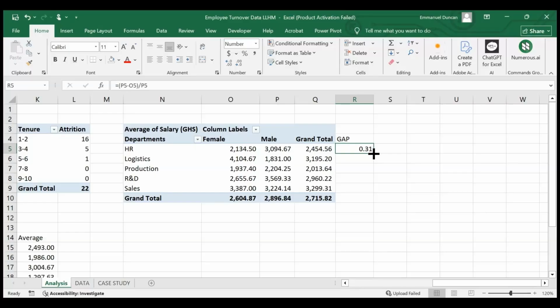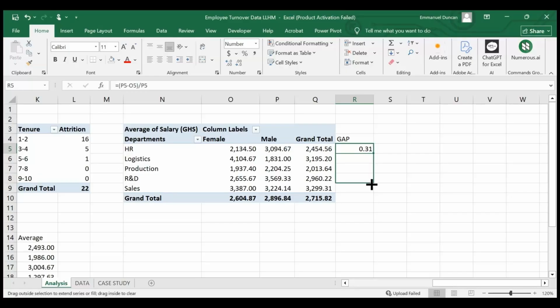And when you get a negative sign, which also connotes that the salary favors the females. So the formula that I used was the average male salary minus the average female salary, all divided by the average male salary. I remember they are all in totals.